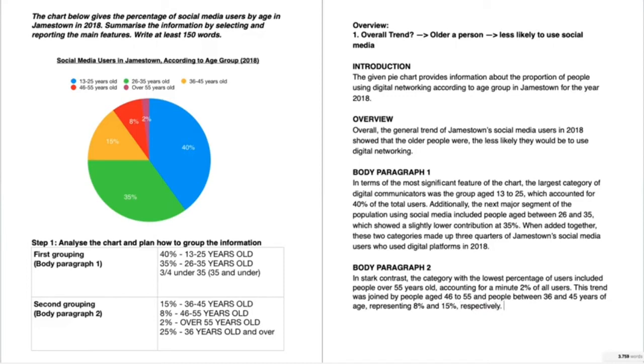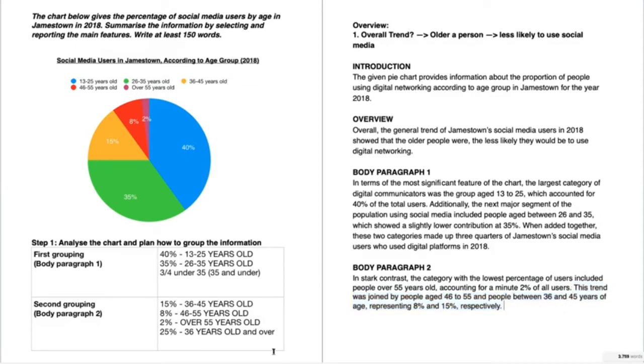Okay, so look how I just managed to include these two pieces of data, 15% and 8%, in one sentence just by saying respectively. So that shows that 8% goes to 46 to 55 and 15% goes to 36 and 45.